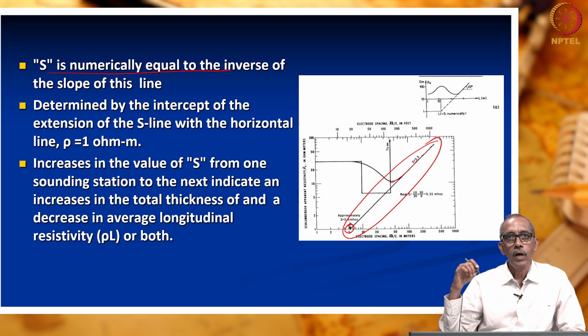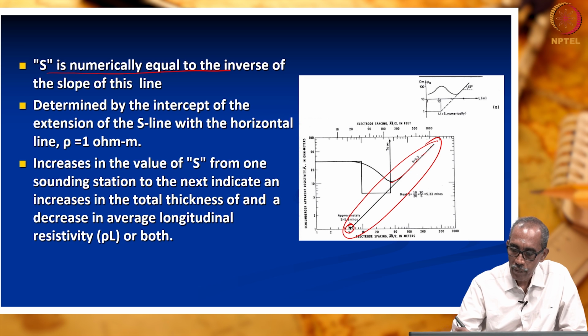This is what is known as the S-type method or inverse S method. In this method, we try to understand the approximate value of S by extrapolating this S line. So, this is known as the S-line method.